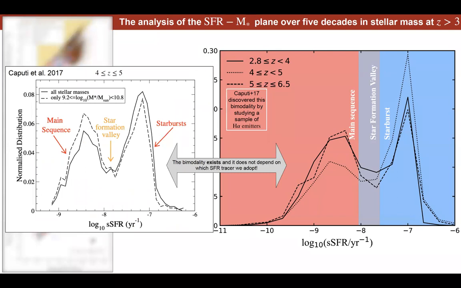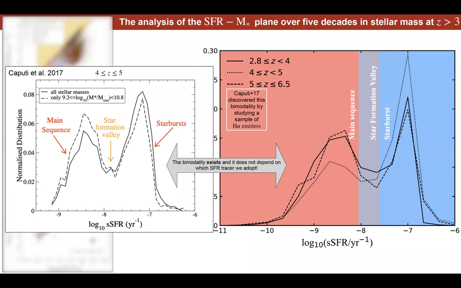As you can see here, we found the same result, but the most important thing is that this bimodality exists, but it doesn't depend on which star formation rate we decide to consider, because in this study, we infer the star formation rate from the observed UV fluxes, but in Caputi and collaborators, they infer the star formation rate directly from the H alpha excess. So two different methods give us the same bimodality in the star formation rate stellar mass plane at higher redshift.